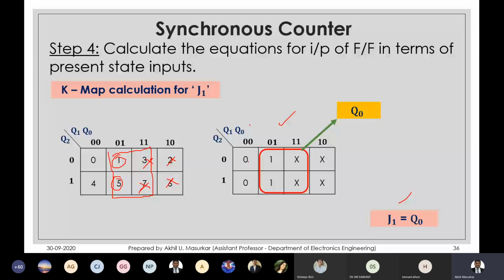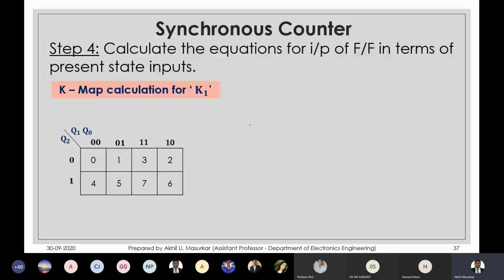Okay, Asmita, can you go ahead with J0 and K0? So let's see the calculation. Sorry, K0, K1 first.